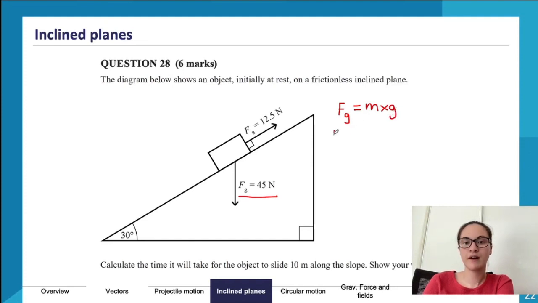We've got 45 is equal to mass times 9.8.